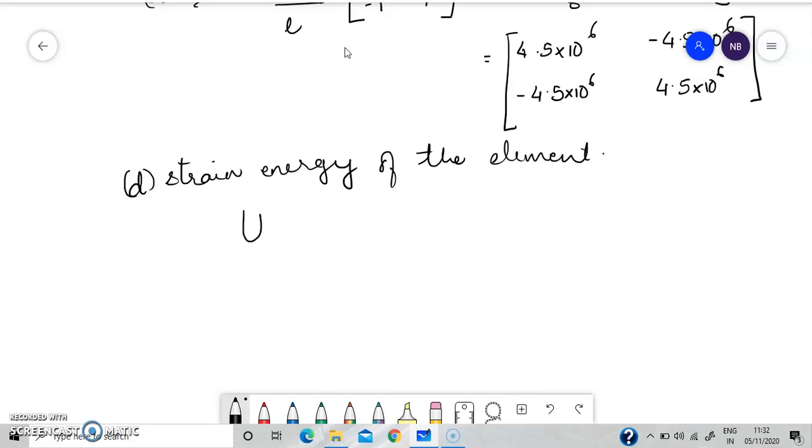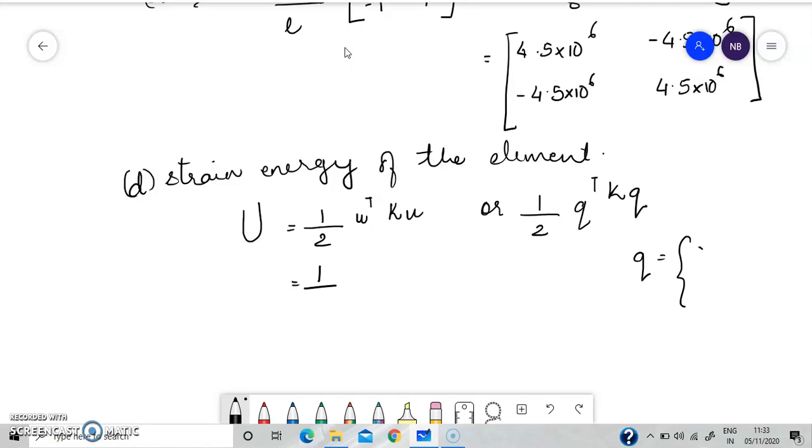The strain energy is given by capital U, and we write it as half U transpose K U, or we represented it as half Q transpose K Q. So we know that Q is Q1 and Q2, which is given by 0.02 and 0.025. Q transpose, so we convert this column vector into a row vector.